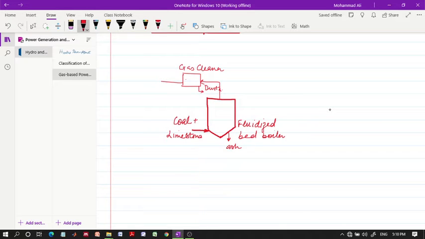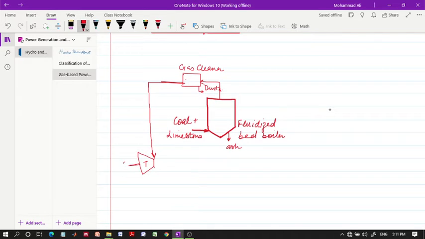So let us have a turbine like this. I should draw it in a reverse manner in order to have a simple structure. So this is a turbine.